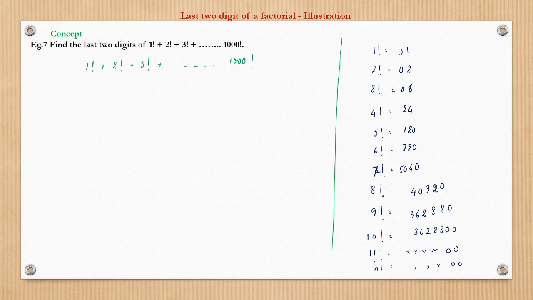Similarly, for the last two digits we are concerned only till 9 factorial, because subsequent numbers end in double zeros, so we need not consider them.